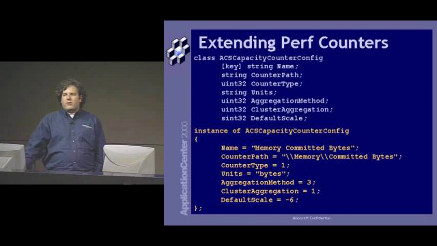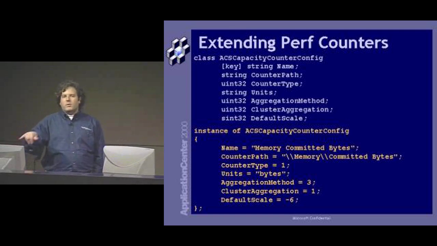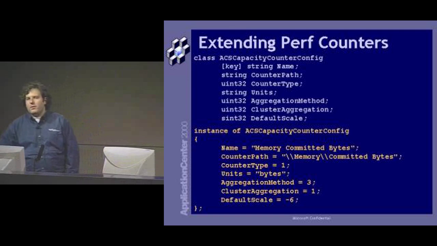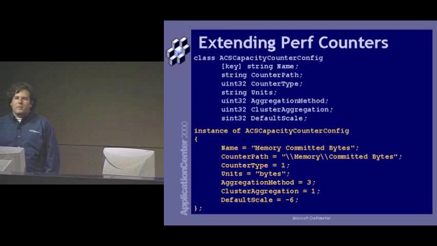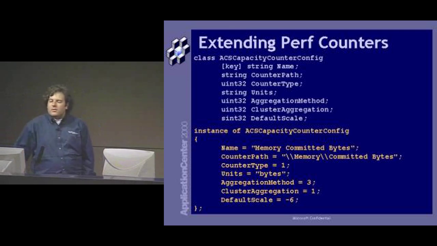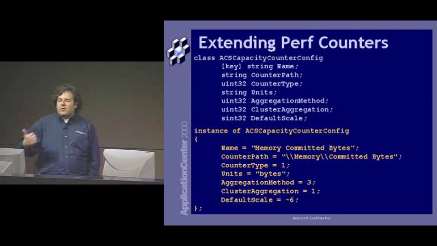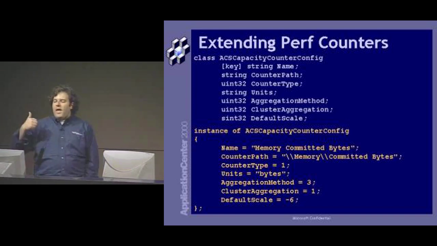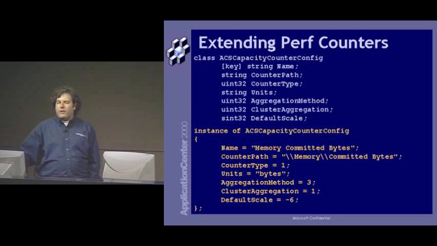The path to the counter from PDH, which is the performance data helper libraries, how we get the performance data from Windows. The type of the counter, the units that display, that's the text in the UI. How we roll up the counter across the cluster, across the server, and the default scale for the UI.